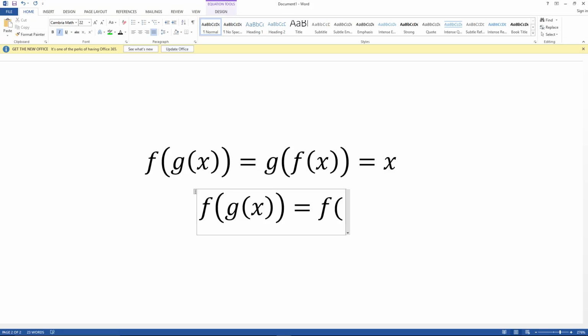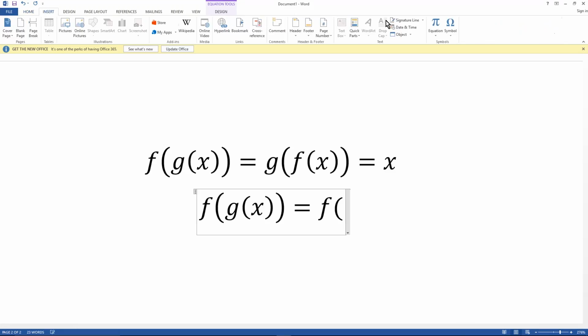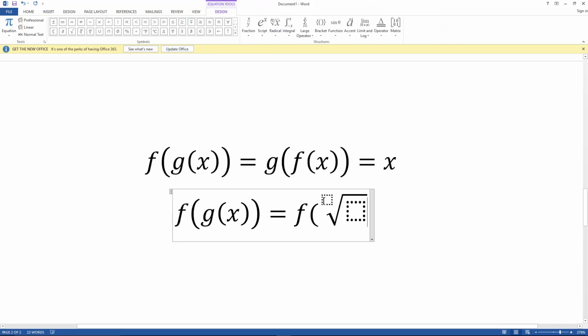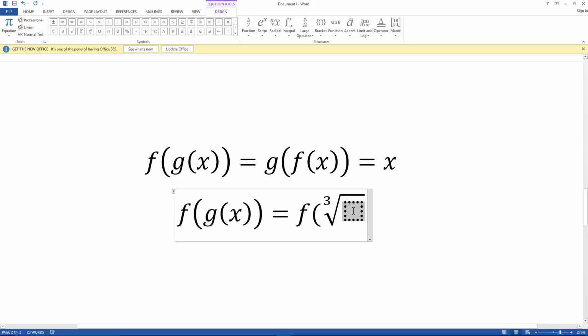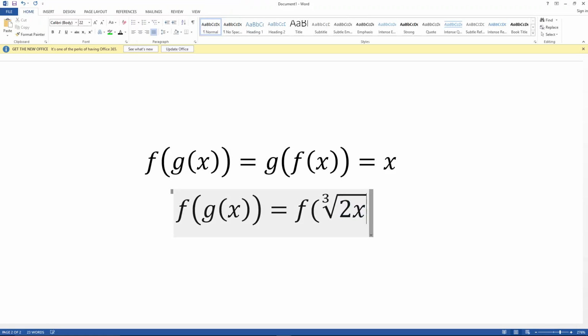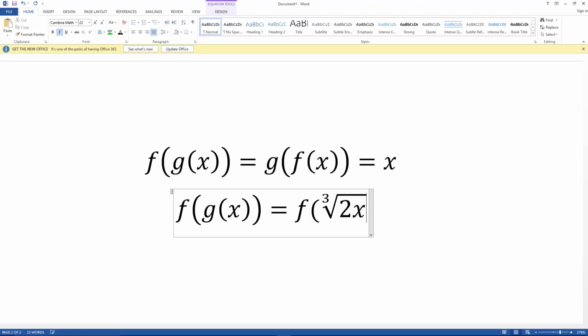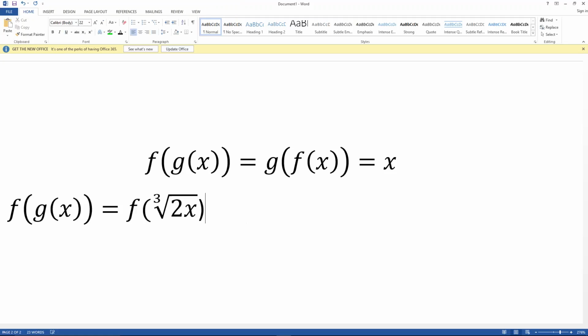So what is g of x? Cube root of 2x. Y'all understand that part? Yes, sir.